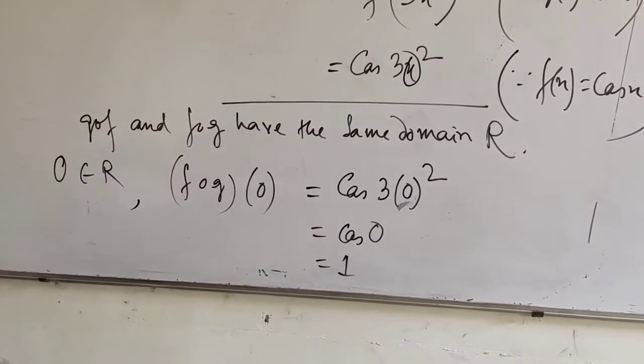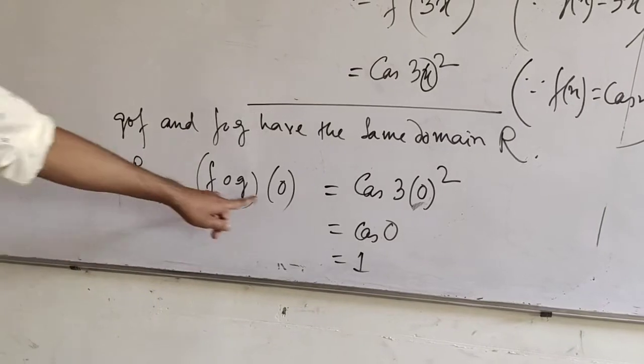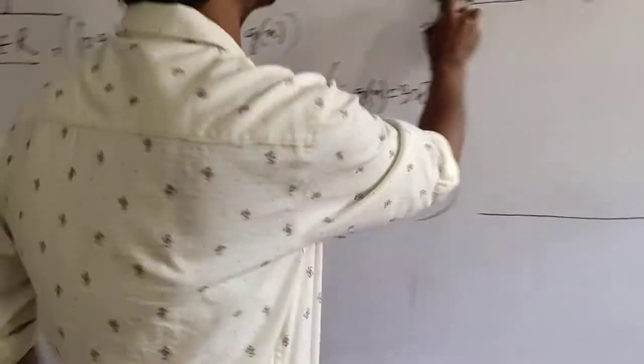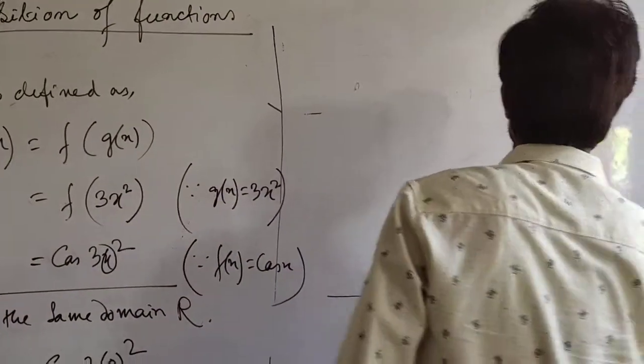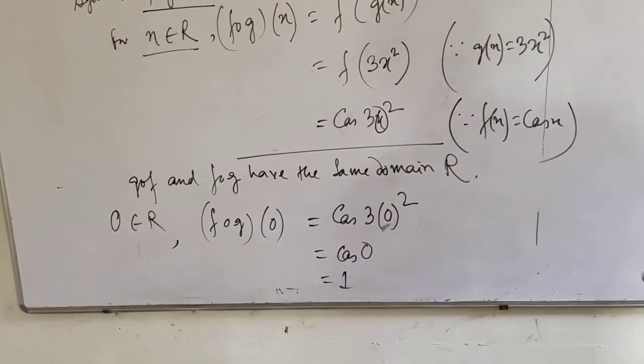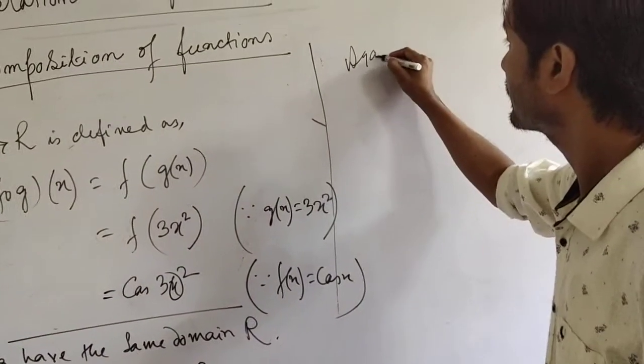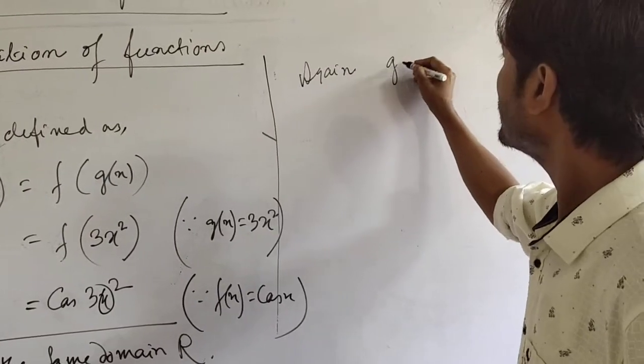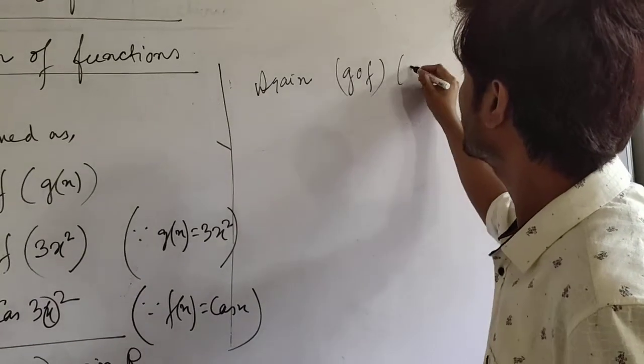is equal to 1. নেক্সট আমি চাম যে 0 ৰ কাৰণে GOF টো কিমান হ'ব, আমি সেই কথাটো ভেৰিফাই কৰি চাম. Again GOF 0.